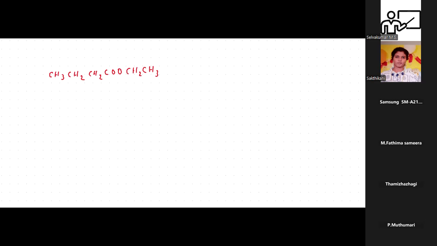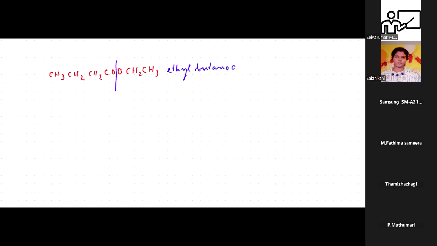Here, one part has come from the acid and another part has come from the alcohol. You take the longest chain as the acid. So this is ethyl butanoate.